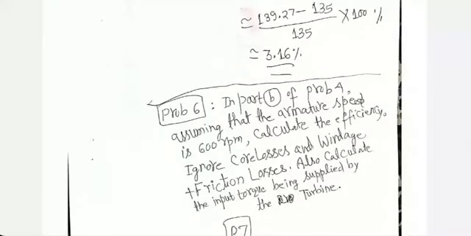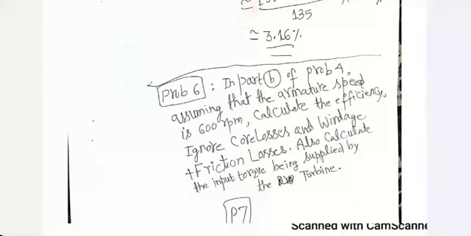Now, next problem says that in part B of problem 4, assuming that the armature speed, this is slightly different, read it carefully, is 600 RPM, that's capital N, calculate the efficiency.